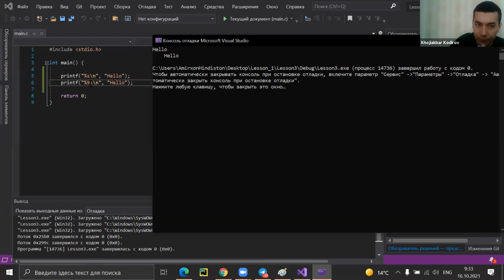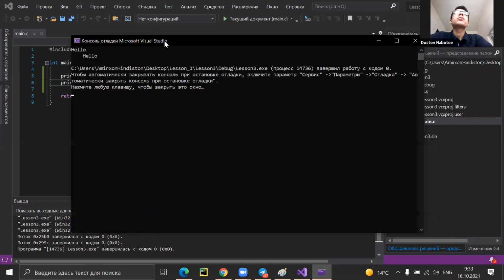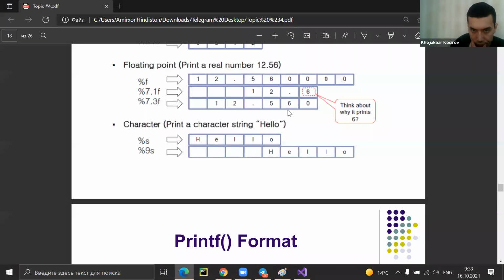The 5 characters will be allocated with hello. The other 4 will be empty. You see, the other 4 are empty and it's in the beginning of the word. Okay. Any question about this, about strings? No.